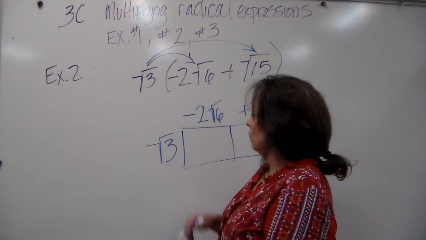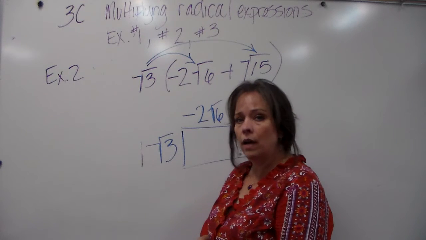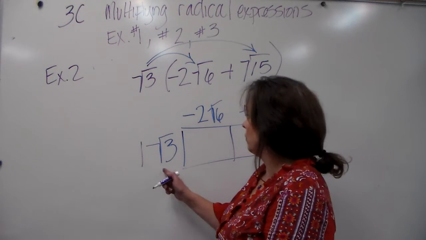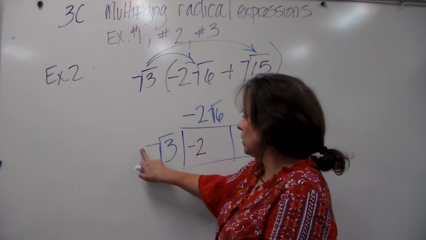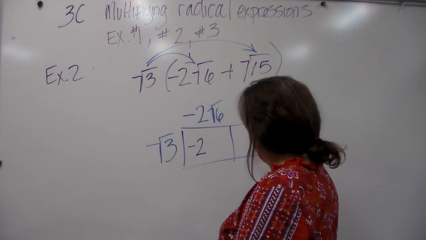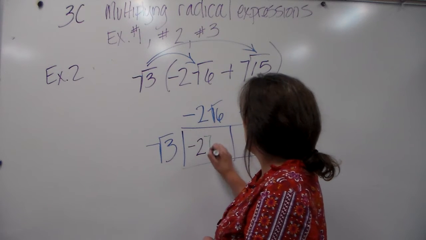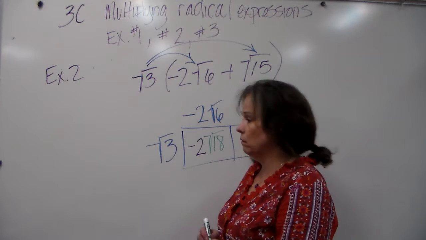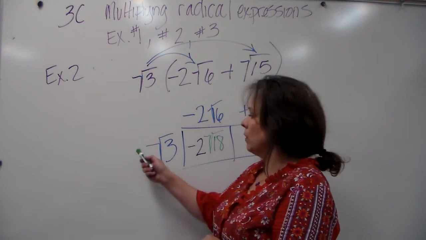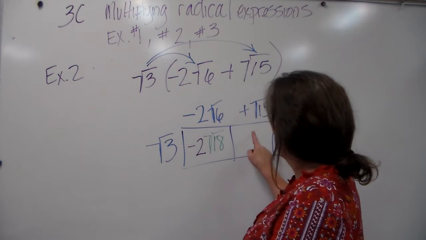So that minus 2 on the outside is multiplying our invisible 1 on the outside of our root 3. So we'll get minus 2, those are those outside numbers multiplying, and then our inside numbers, 6 and 3, will multiply to the square root of 18, right? So outside numbers will multiply outside numbers, inside numbers with inside numbers.